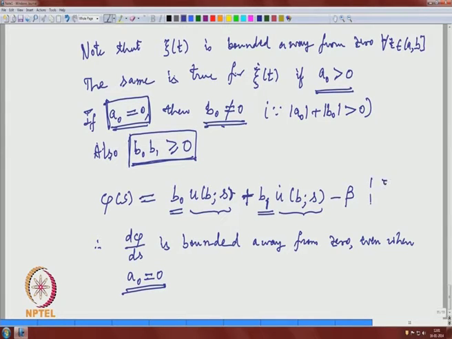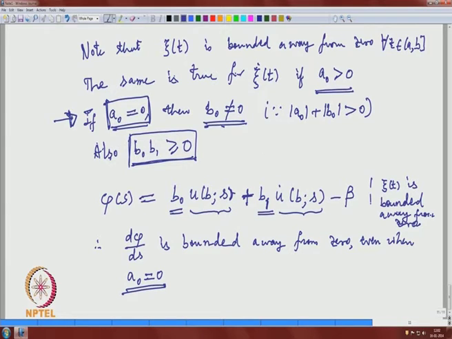So, when I take the derivative, I already know that J is bounded away from 0. I already know that. The only problem is with respect to J dot, and that is now taken care of by this additional hypothesis. So, remember this is an additional hypothesis.